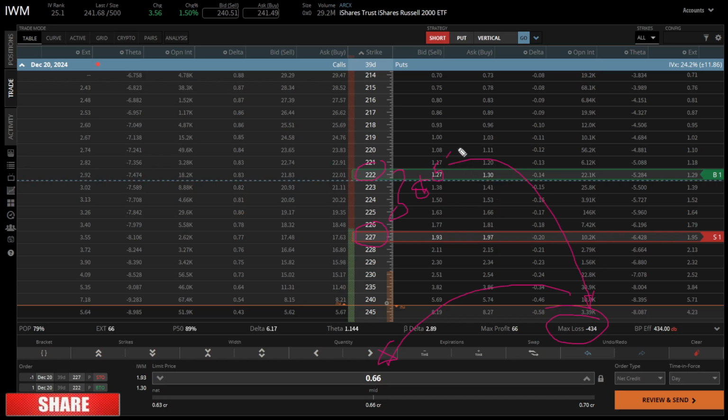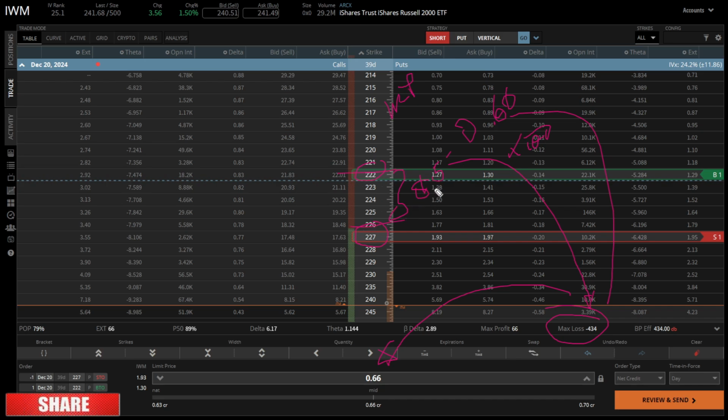So basically $5 minus 66 cents equals 4.34, and of course we multiply that by the option multiplier, which is $100. So the maximum loss of a short put vertical spread is always going to be the width minus the premium. That's the maximum loss because this is capped.